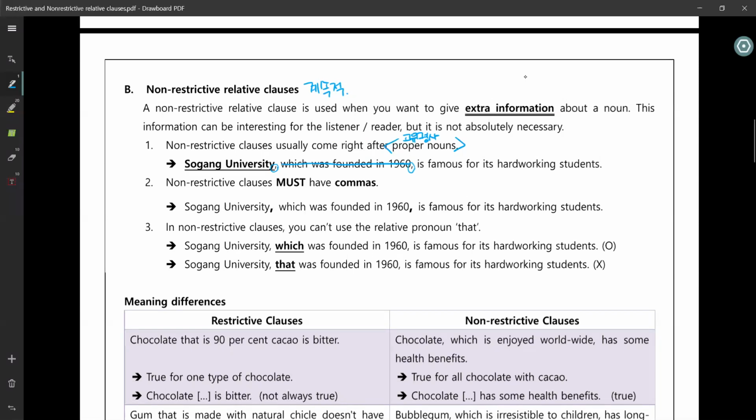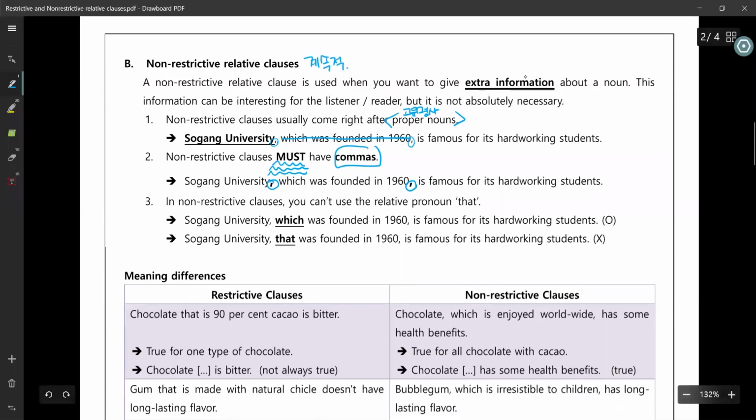Very, very important thing here is that when you're using non-restrictive clauses, you must have commas, okay? So you need to have a comma before the relative clause begins, and you need to have a comma when your relative clause finishes.